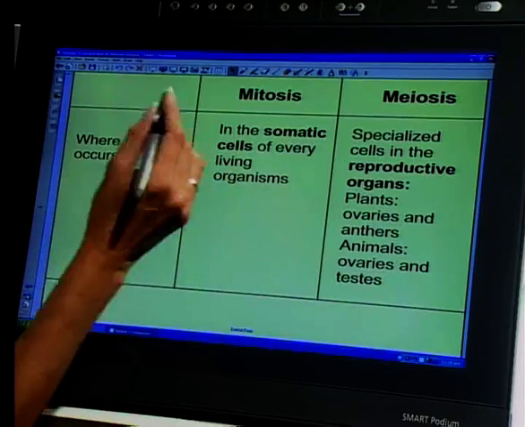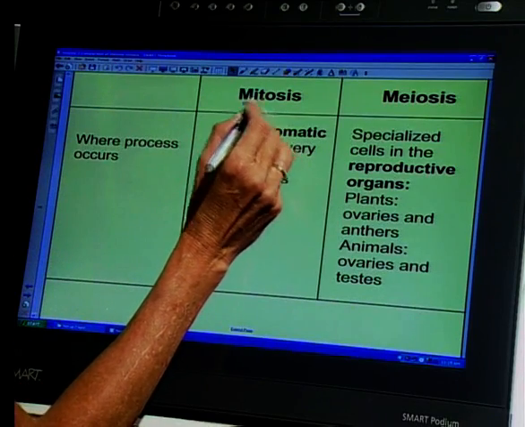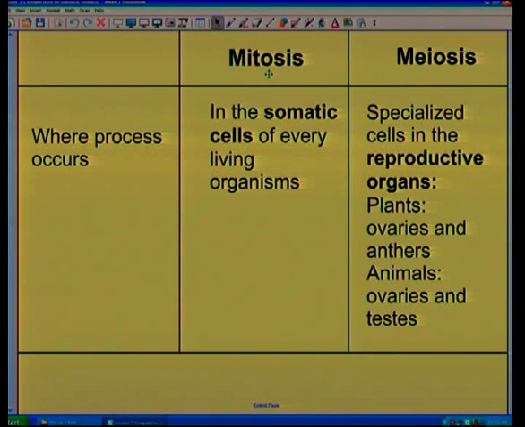All right, so if we look at mitosis, remember, mitosis means that you have growth, repair, and replacement of cells. So where does it occur? In the somatic cells, which are your body cells.